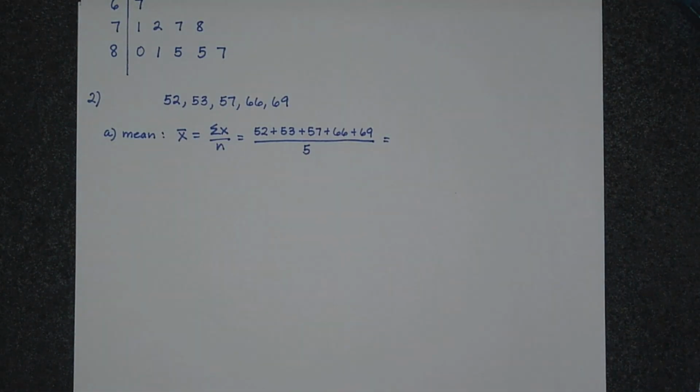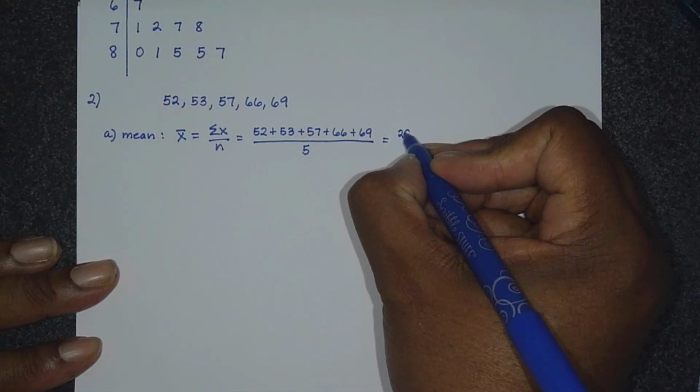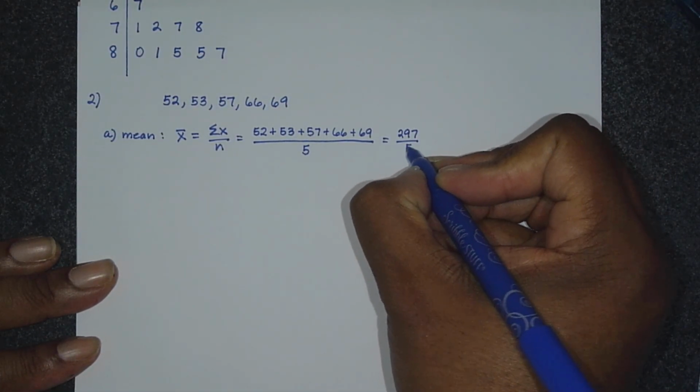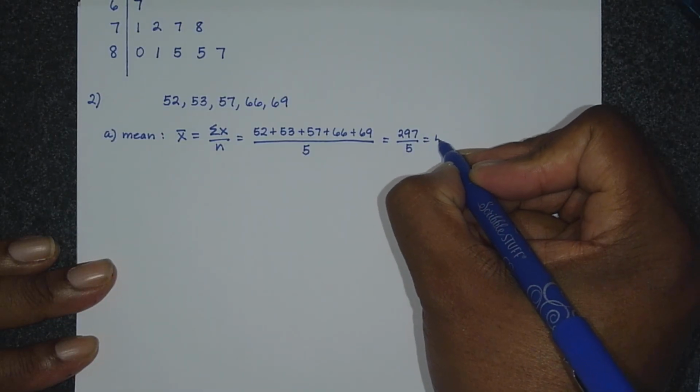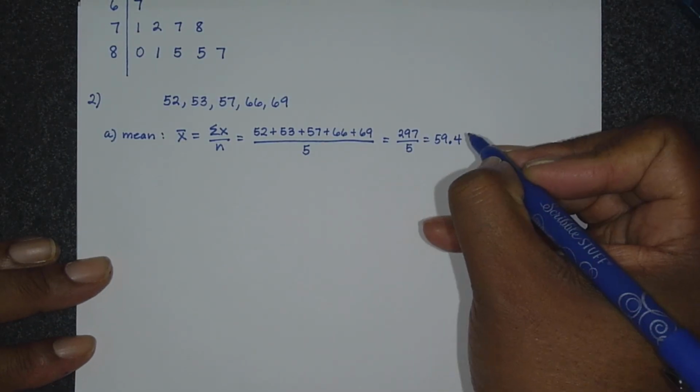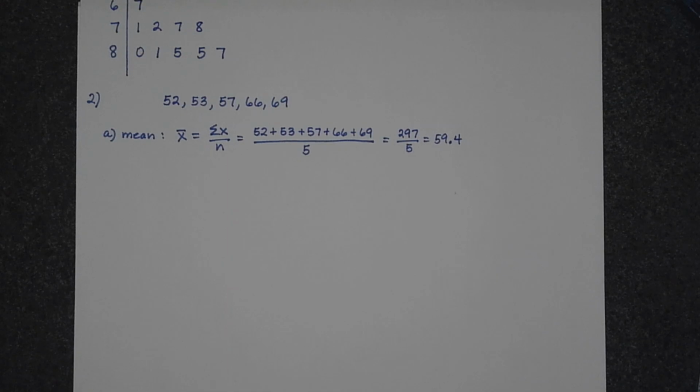Now, if I take the sum of those 5 numbers in that numerator, what should I get? 297. And 297 divided by 5, you're going to get 59.4. So the mean there will be 59.4.